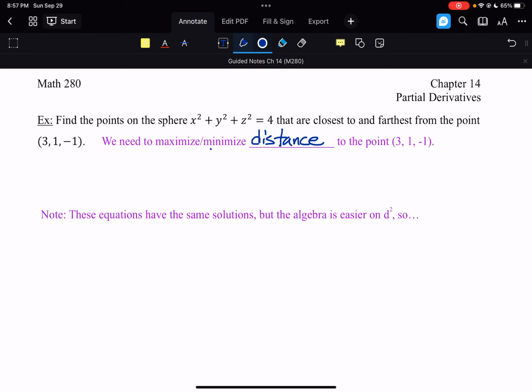We're trying to maximize or minimize the distance between this point and this sphere. So we would set up the equation d for distance, and we would use the distance formula. So that's the square root of (x minus 3) squared plus (y minus 1) squared plus (z plus 1), right, minus negative 1, squared.